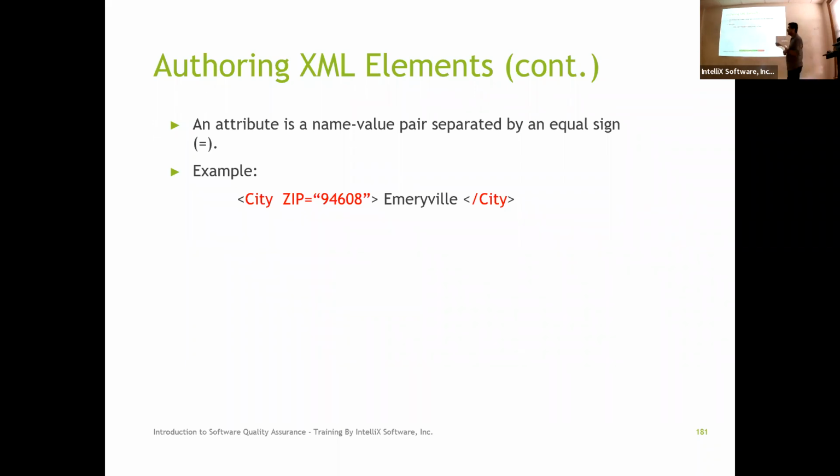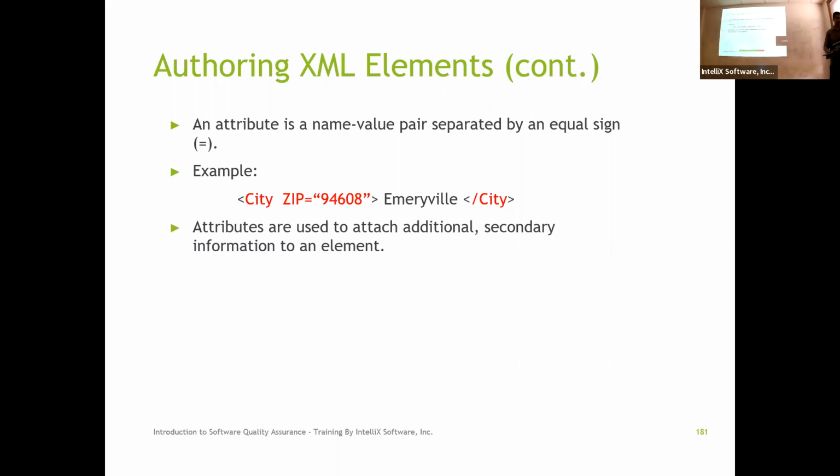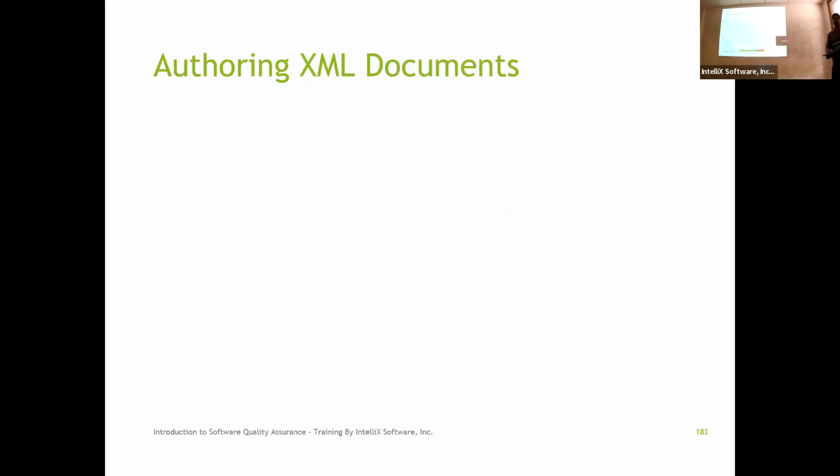But in XML, I can do that. So all it says is, hey, there is a city called Embryville, and the zip code attribute for it is this particular value. They are usually attaching additional information, just like the alignment we had on a paragraph.